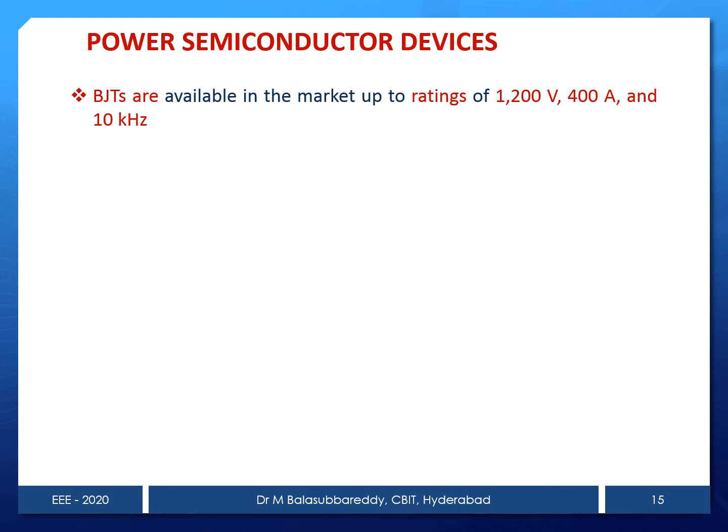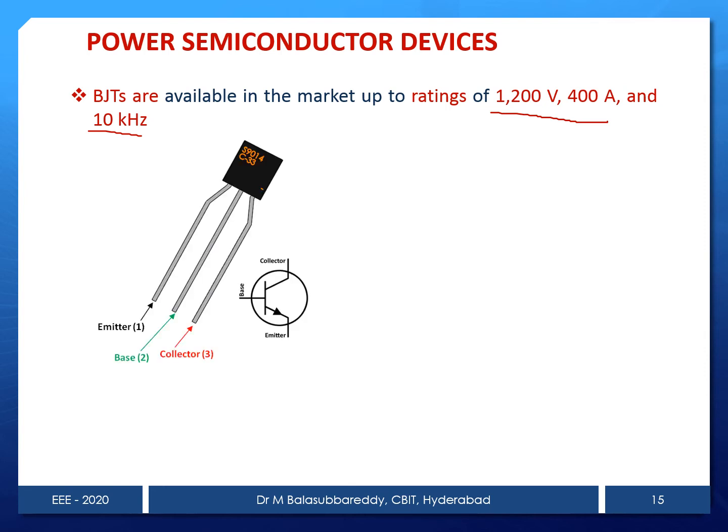Current ratings and all are small. In the case of the thyristor, it is more than 3000 amperes, that is 3500 amperes, but in this case only 400 amperes. The frequency for the thyristor is 1 kilohertz, but here you can operate at 10 kilohertz. And this is the symbol for BJT.